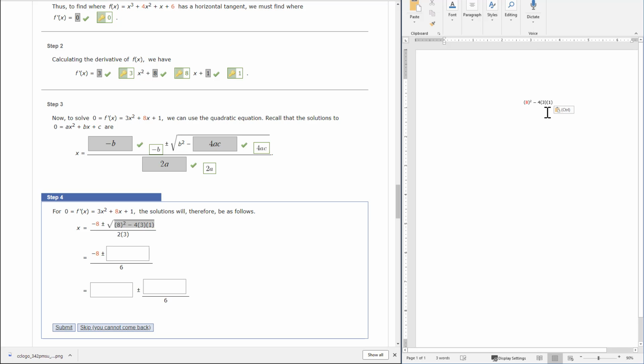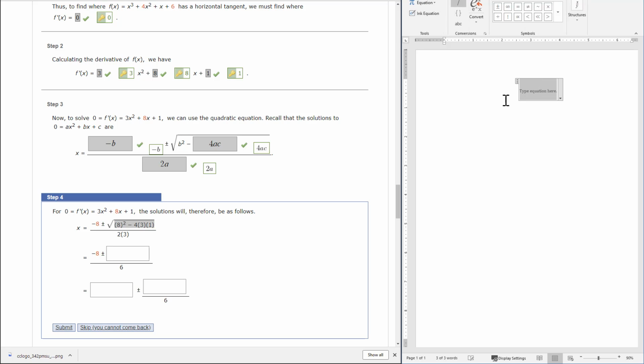Just to be nice and clear about this, that's 8 squared minus 4 times a times c.